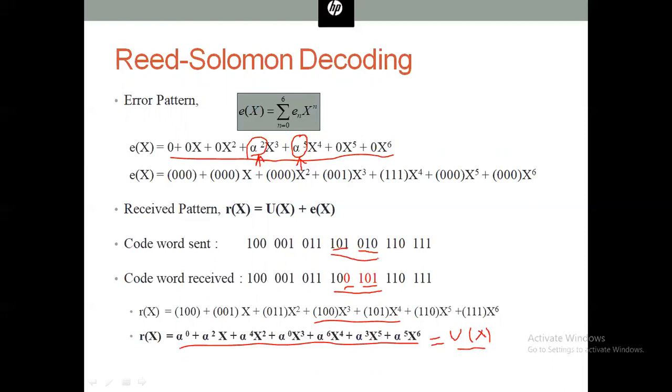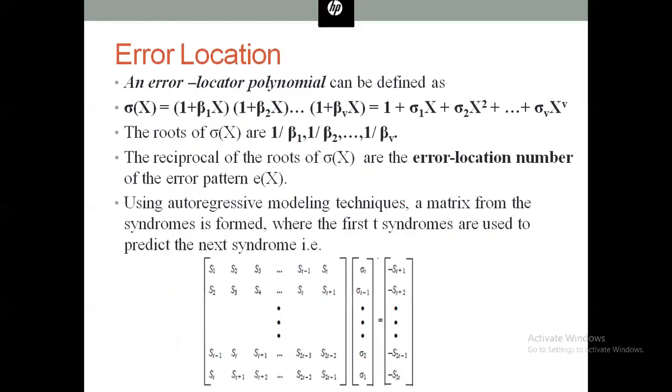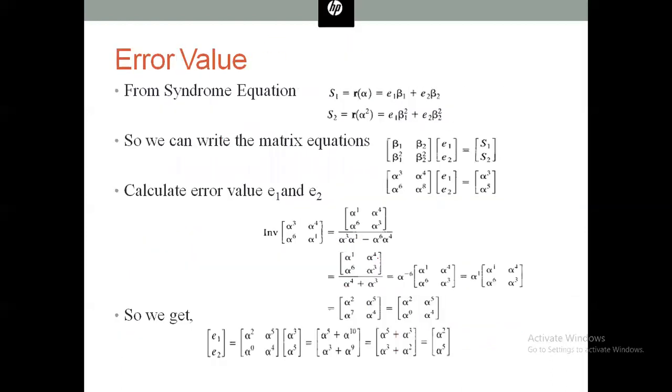So now we have to calculate the values. To calculate the values of this, we take the syndrome 1, which is E1 beta 1, E2 beta 2, and E1 beta 1 square and E2 beta 2 square.